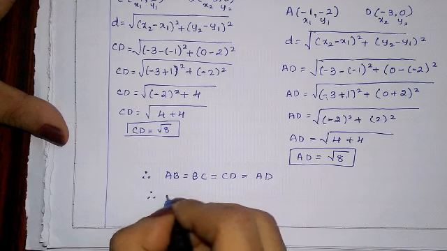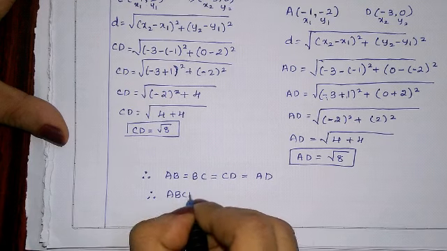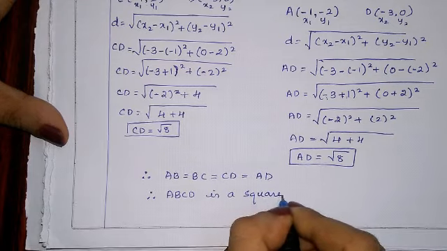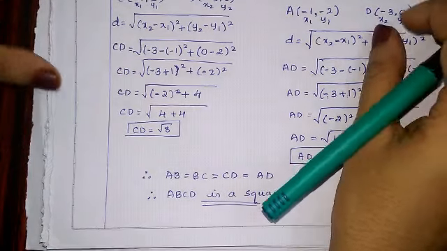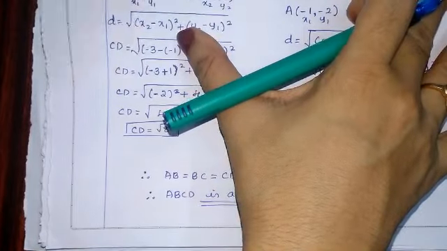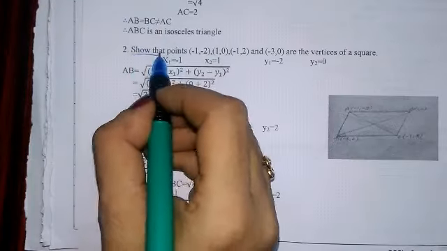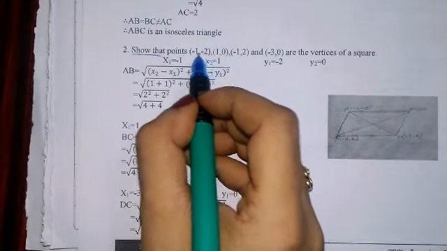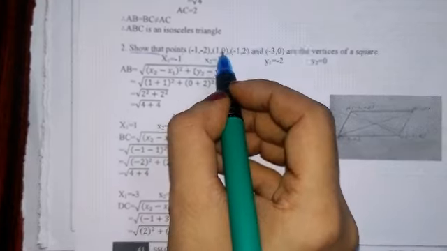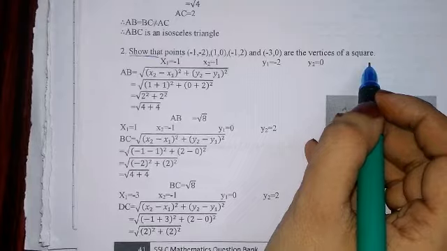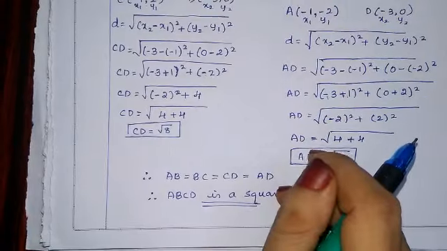Therefore ABCD is a square. So we proved that, as they have told in the question: show that the points (-1, -2), (1, 0), (-1, 2) and (-3, 0) are the vertices of a square. So we proved it is a square.